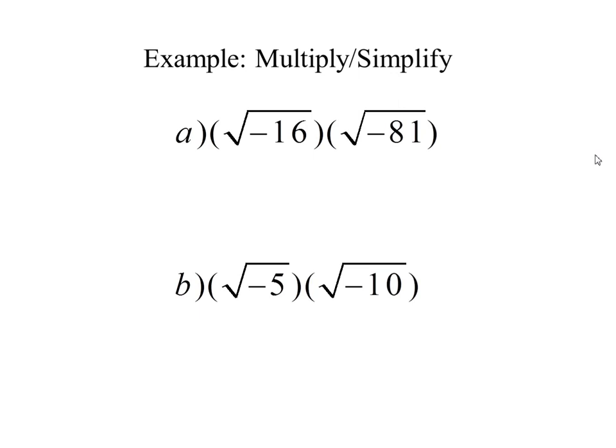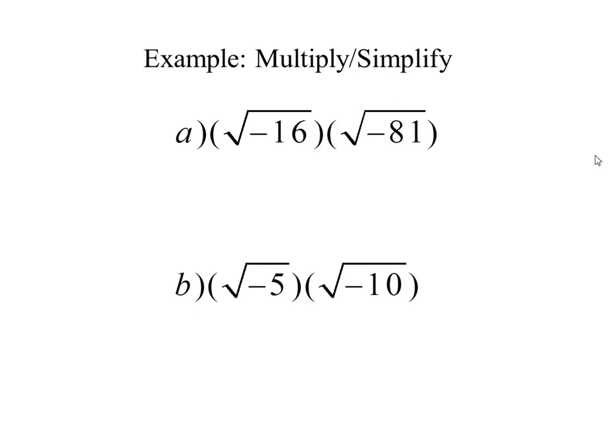So you have i square root of 5 times what? What about the square root of -10? Yep, i square root of 10. Now we can do what we were doing a while ago. Because i times i is going to be i squared, and the square root of 5 times the square root of 10 is going to be the square root of 50.